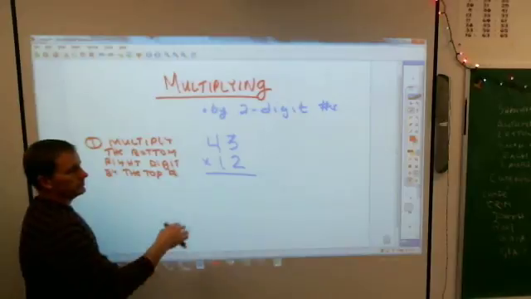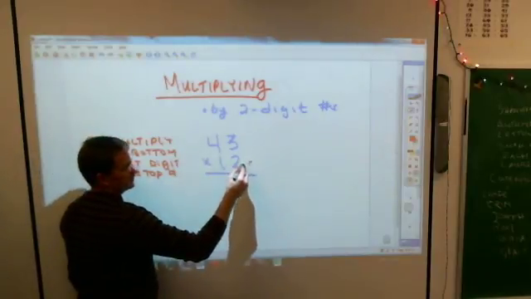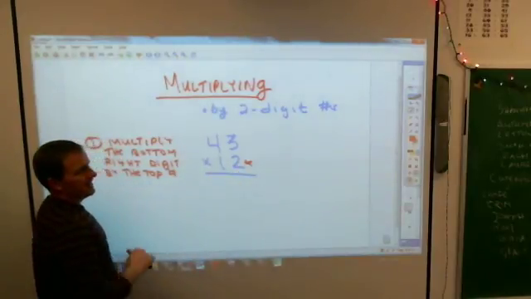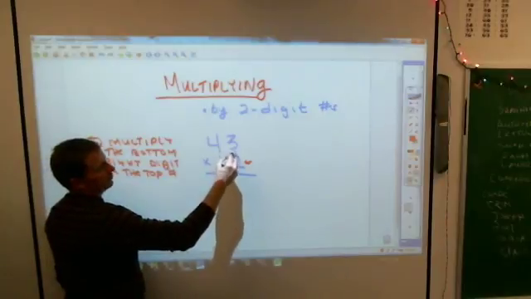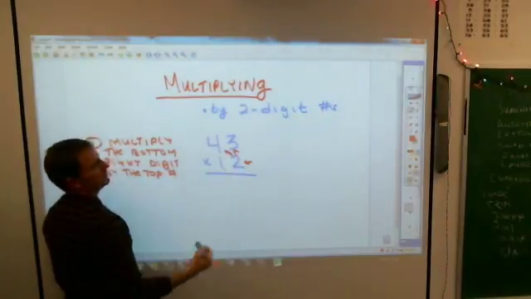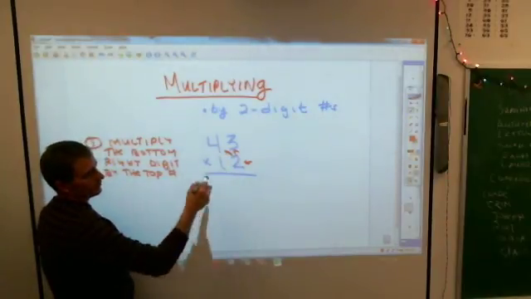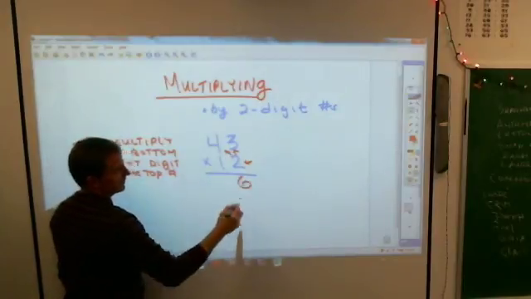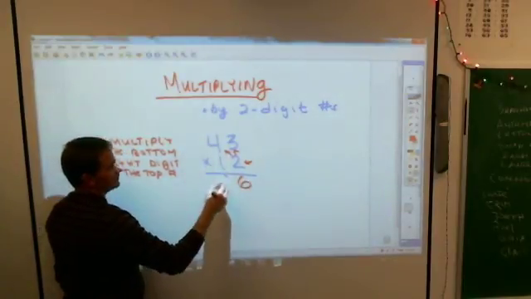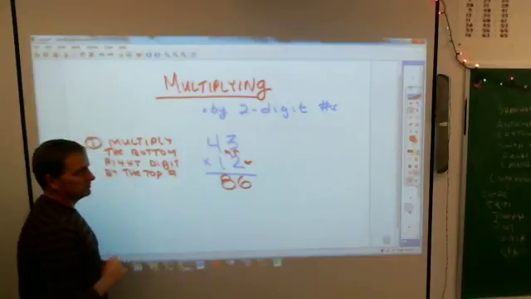In other words, you always start down bottom right, in the ones place. I am going to multiply the 2 by both of these, just like it was 43 times 2. 2 times 3 is 6. 2 times 4 is 8, and I get 86, correct? Yes.